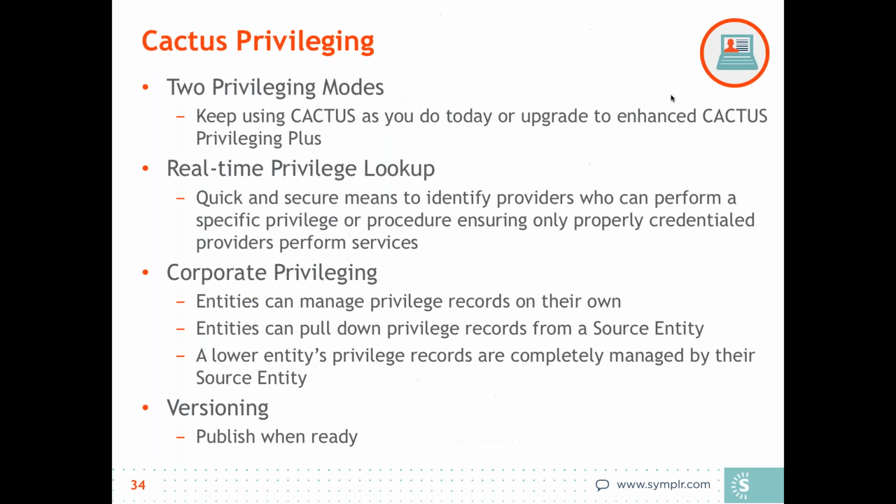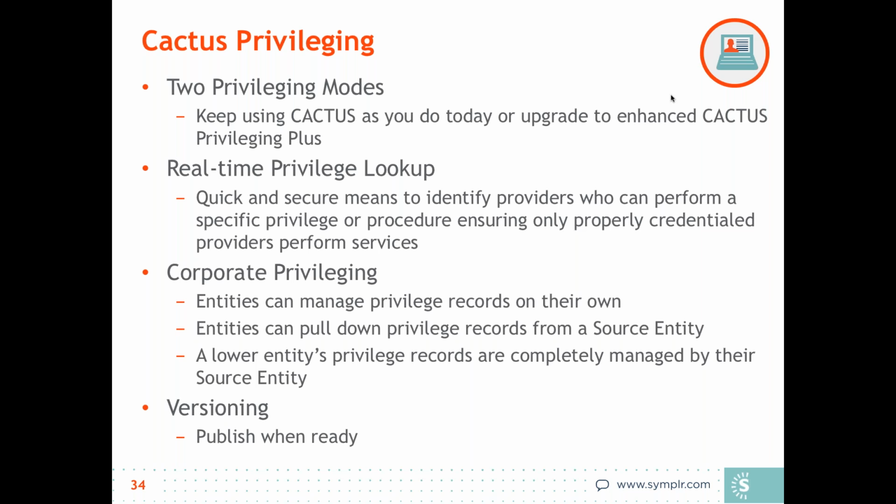Let's dive in and talk about privileging. She mentioned some of the hiccups and problems with privileging. Part of it is content, and also looking at who has control over that privileging content. So the new way that we're doing this is you actually have two different privileging modes. You can have it set up so that you do privileging however you want to today, but you could also leverage our privileging content and library to share that information.